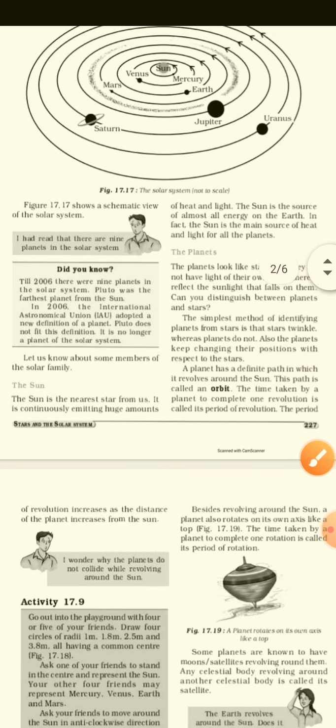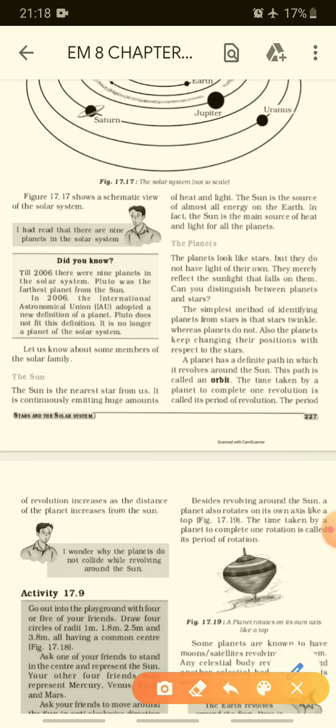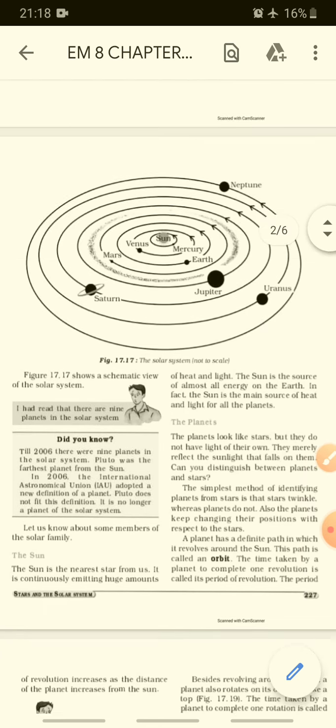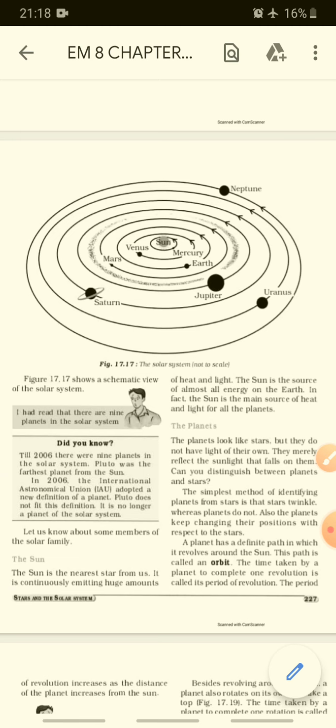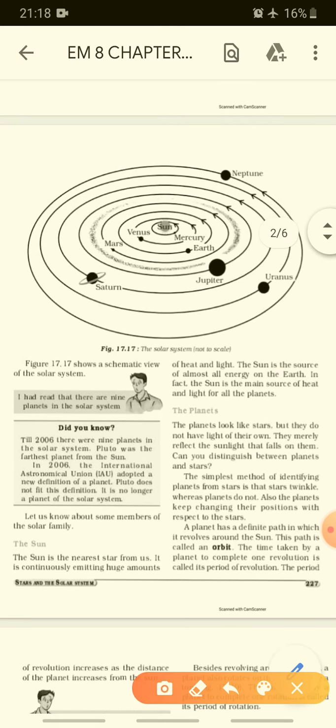The time taken by a planet to complete one revolution is called the period of revolution. The period of revolution increases as the distance of the planet from the sun increases. How can we know that?